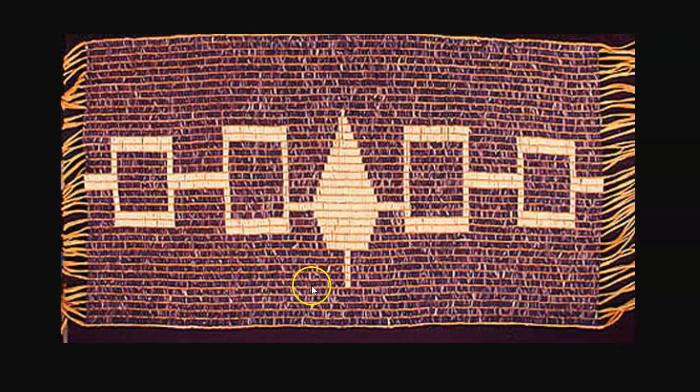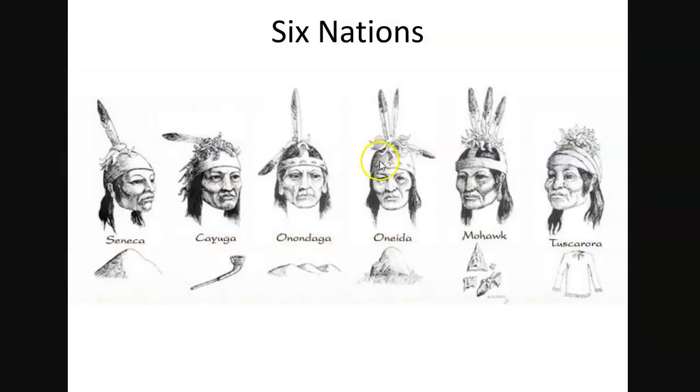You still see this sort of the purple and the 5 or then sometimes 6 blocks here to represent the tribes. The 6 nations, just point out to you. These are the Mohawk, the Tuscarora, the Oneida, Onondaga, the Cayuga, and the Seneca. The Tuscarora are also called the Wendo.